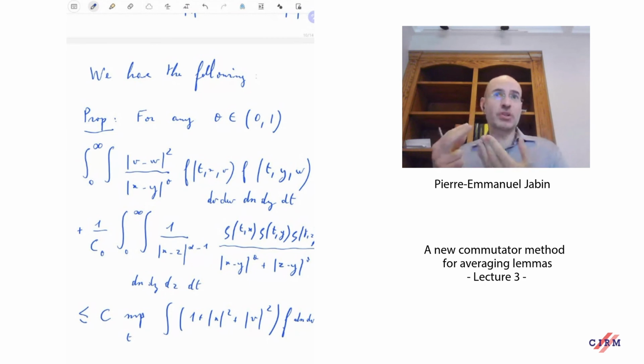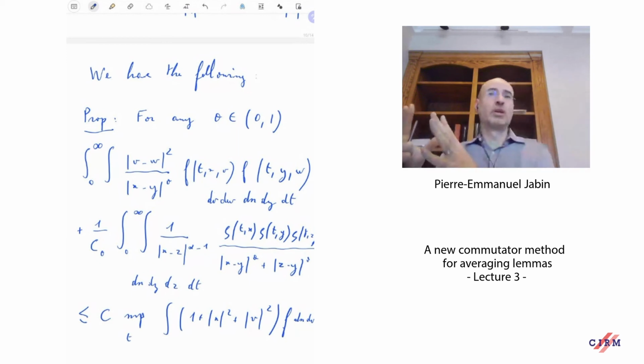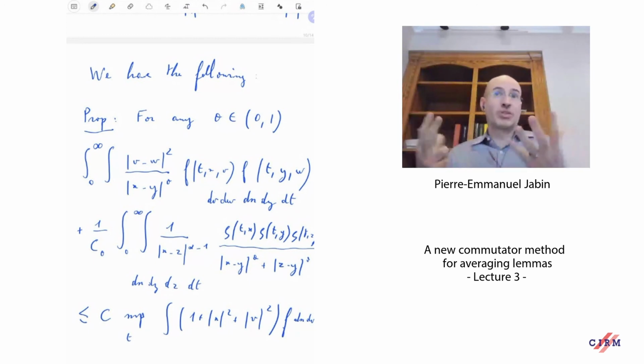In general, in hypocoercivity you try to get it from the free transport and the diffusion. And here I'm keeping out the diffusion. Essentially, it doesn't bother me, it doesn't help me. And so there is still some sort of nonlinear hypocoercivity here.